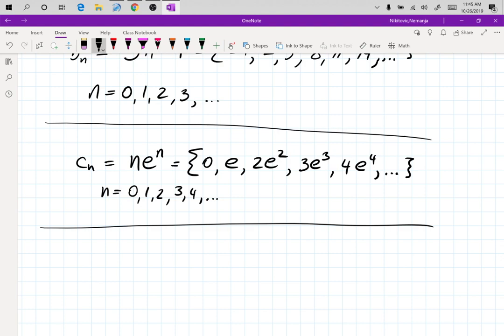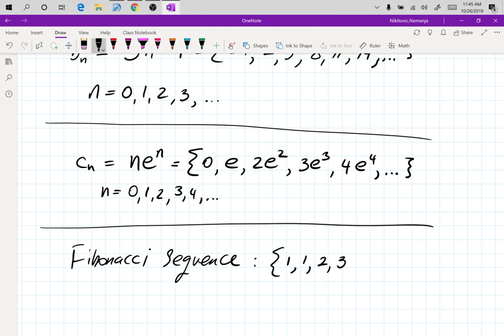So the Fibonacci sequence is given as 1, 1, and then 2, and then 3, and then 5, and then 8, and then 13, and then 21, and going on to infinity.